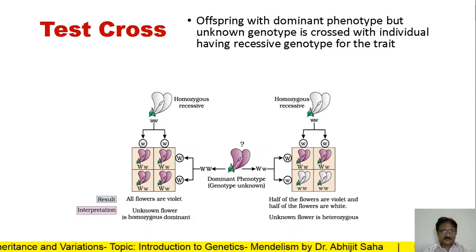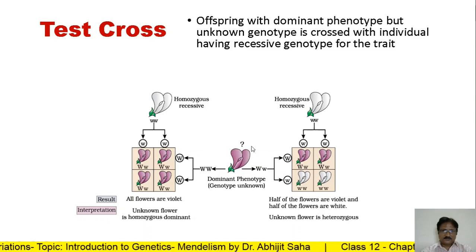In this experiment, you can see that this is a flower. This color is violet. The violet color of the flower in pea is a dominant phenotype, whereas the white color of the flower is a recessive phenotype.